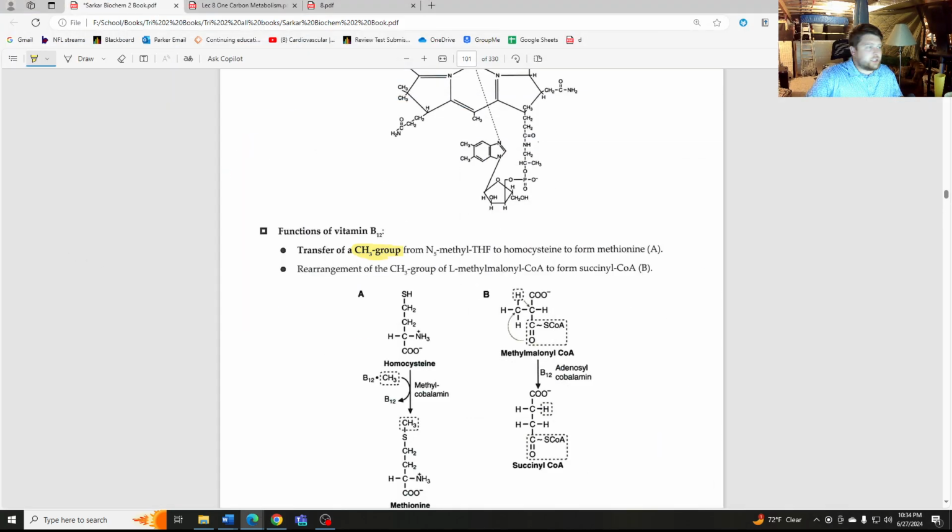So methylation, which we know has to do a lot with activation or inhibition of stuff. So the transfer of this methyl group from N5-methyl tetrahydrofolate to homocysteine to form methionine.